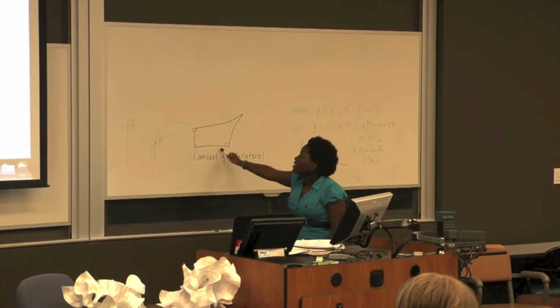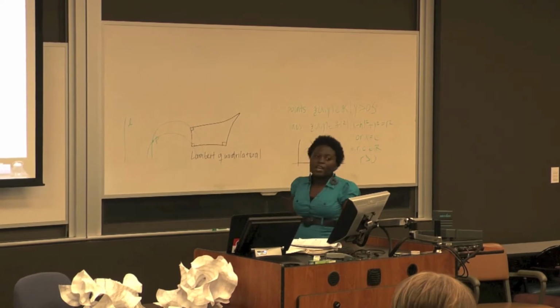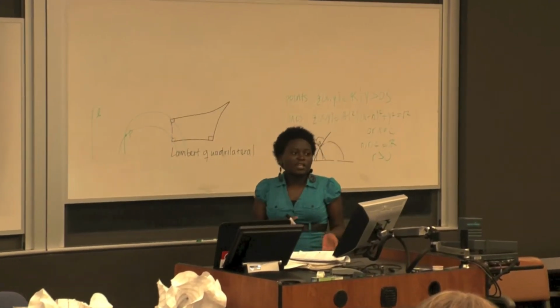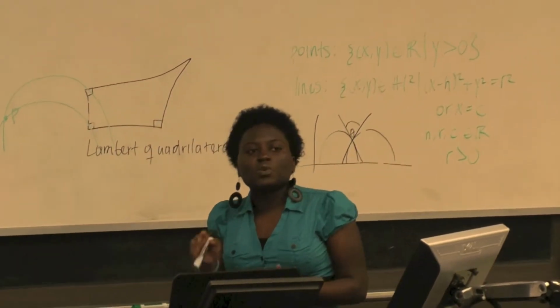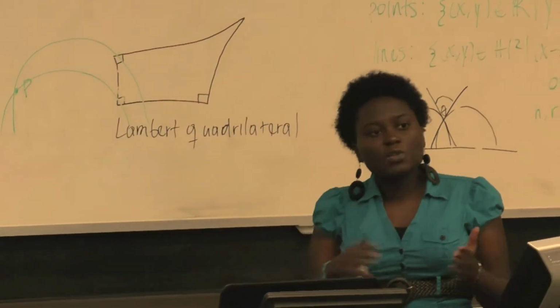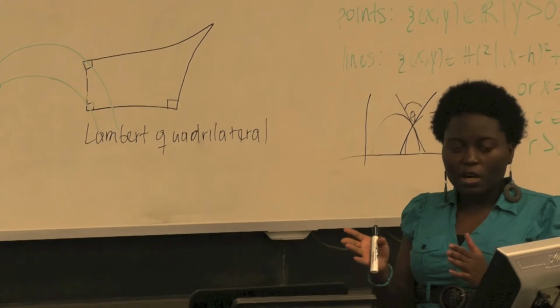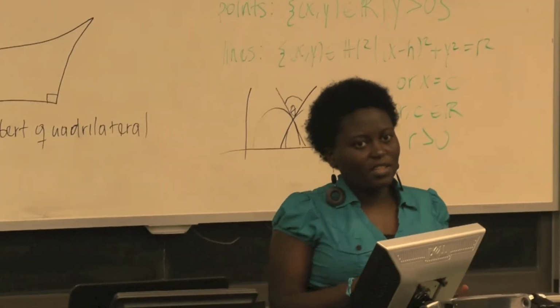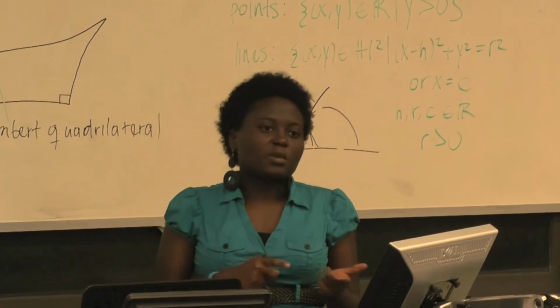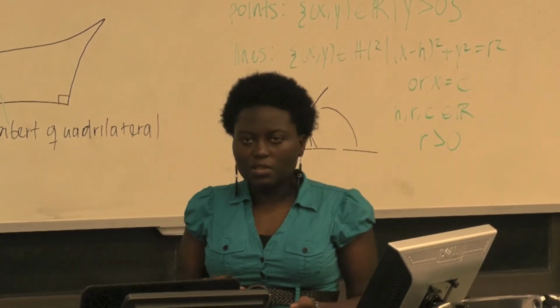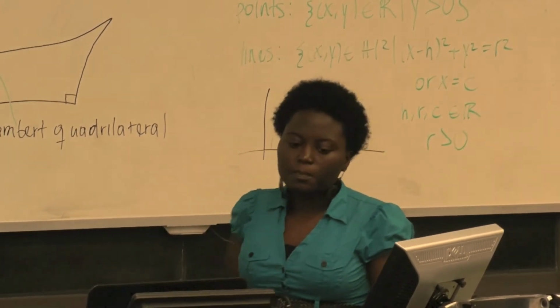Just like in Euclidean geometry, you can always divide a quadrilateral into two triangles. If you have two triangles, each of which has angle sum less than 180, then the quadrilateral will have an angle sum of less than 360 degrees. So you'll never get a rectangle.